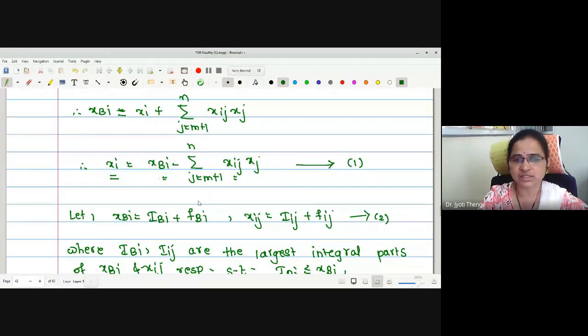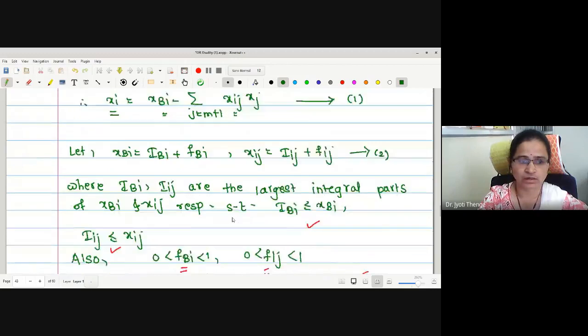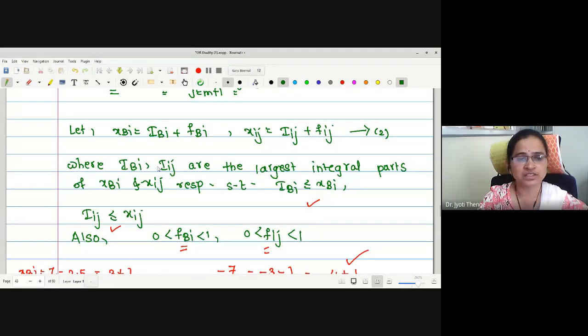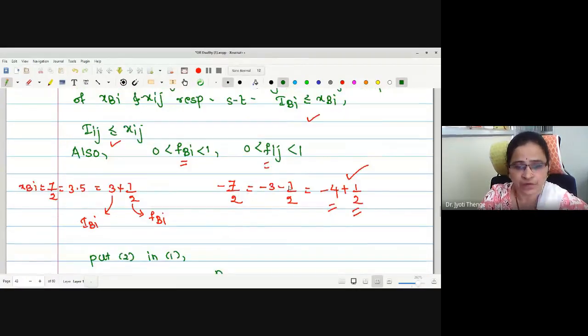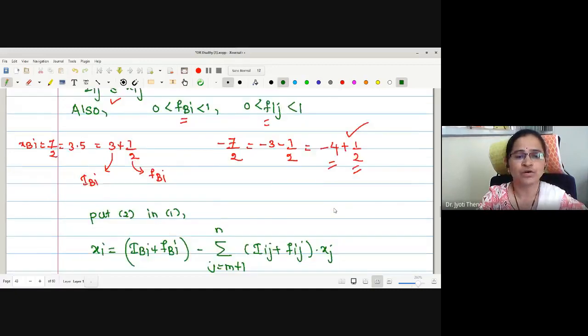Later, the entries xbi and xij we have separated into two parts, integral part plus fractional part. Knowing that the integer parts are the largest integer parts, the condition imposed on the fractional part is that it lies between 0 and 1. Therefore, whenever we have a negative fraction, we have to express it as a negative integer plus a positive fraction.